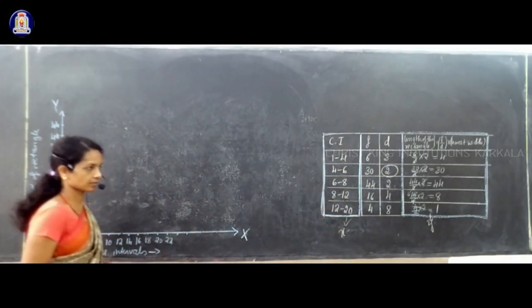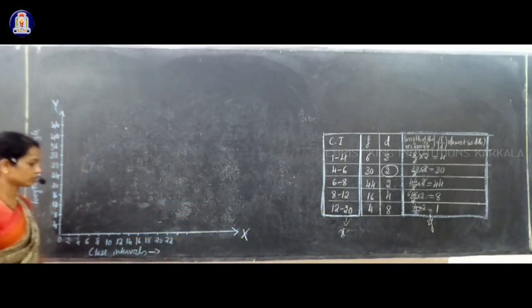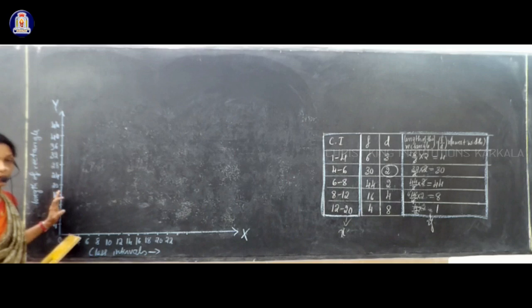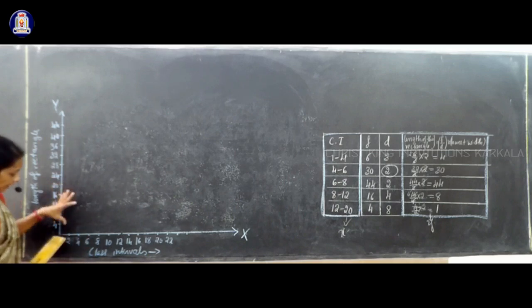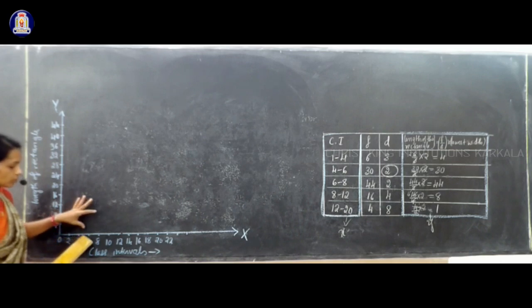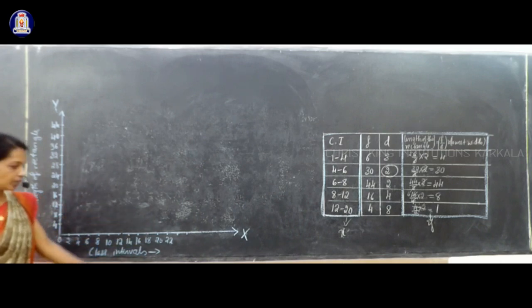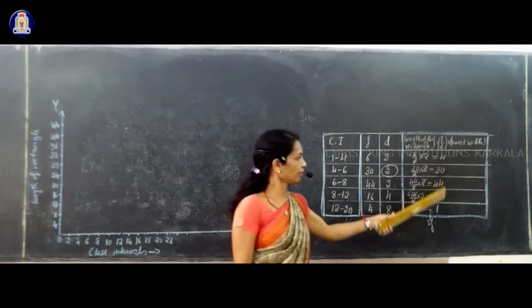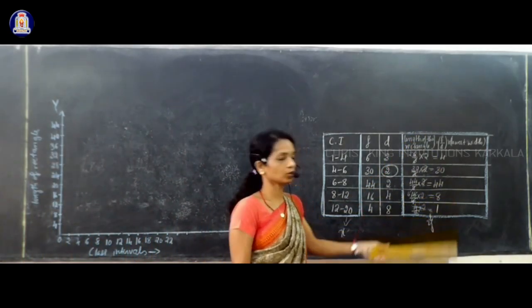So on the x-axis you have to take class intervals. You take points on the x-axis at equal distances and mark the points, taking 1 centimeter as 2 units. 2, 4, 6, 8, like that up to 20 is enough on the x-axis. And you see your last column entries. Here the maximum is 44.